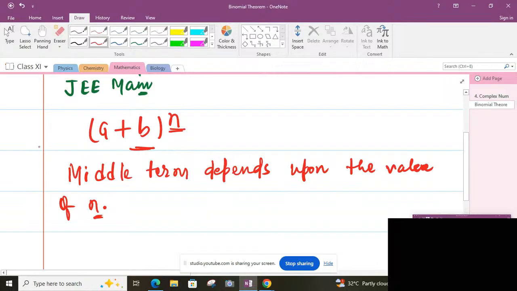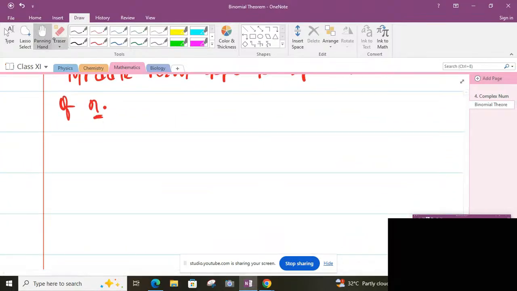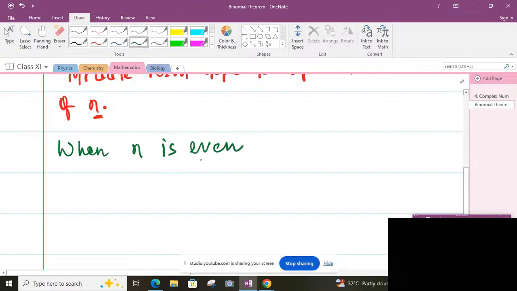So when n is even, the middle term will be the n by 2 plus 1 th term.